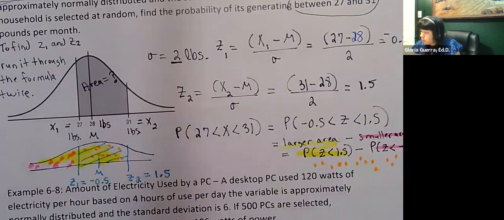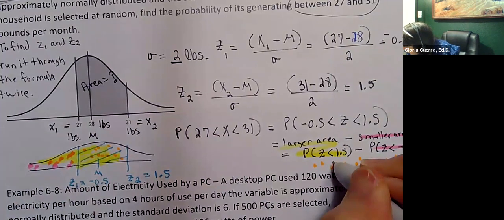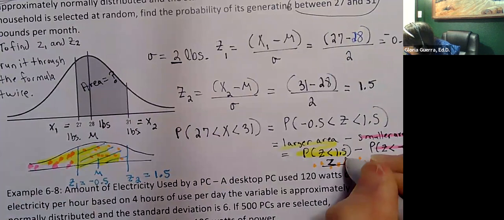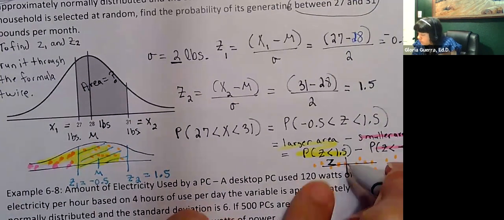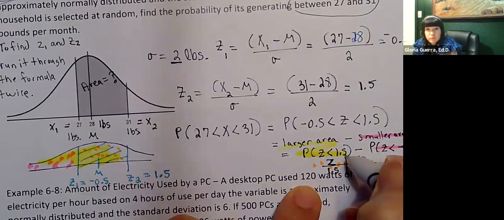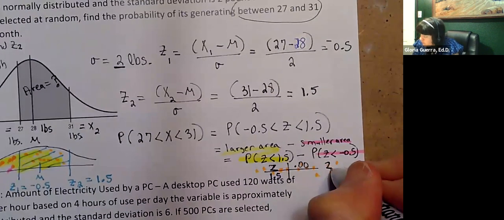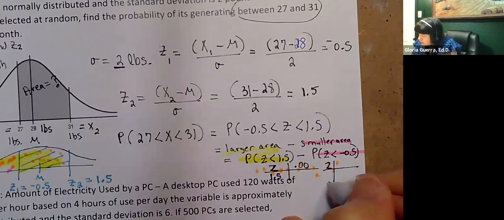Okay, and we're going to do the table first. So in the table, remember it's 1.5 and then 0.00, and this one is negative 0.5 and then 0.00.